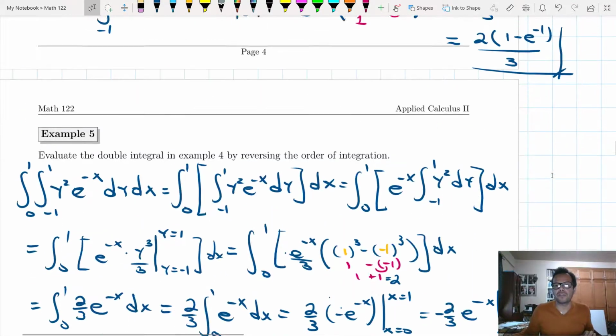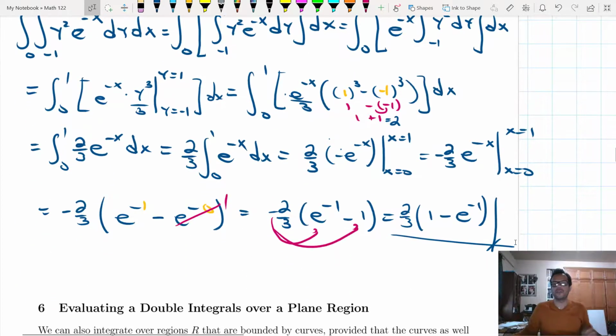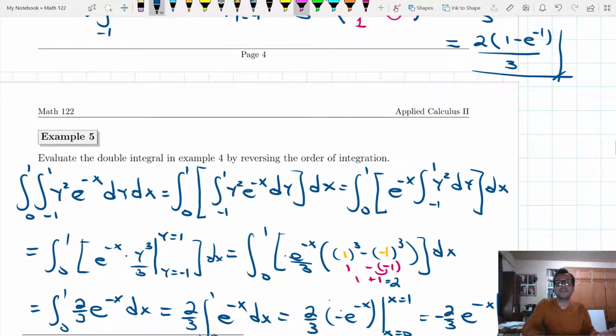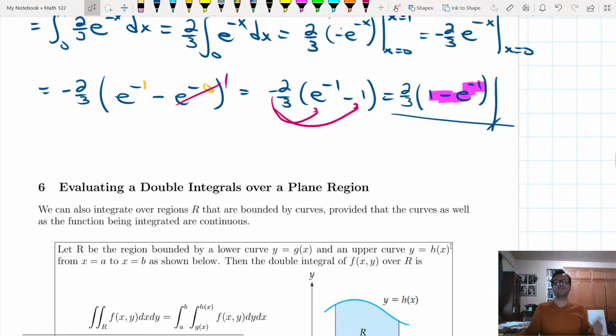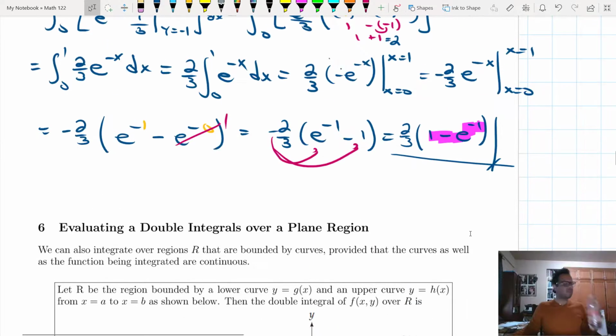Let me scroll up a little bit. 2 over 3, or 2/3, it's the same, I'm just writing it in a different way. Notice the order: 1 minus e to the negative 1. Same thing. So regardless of the order of integration, you should get the same answer. Okay, let's move on to a different topic.